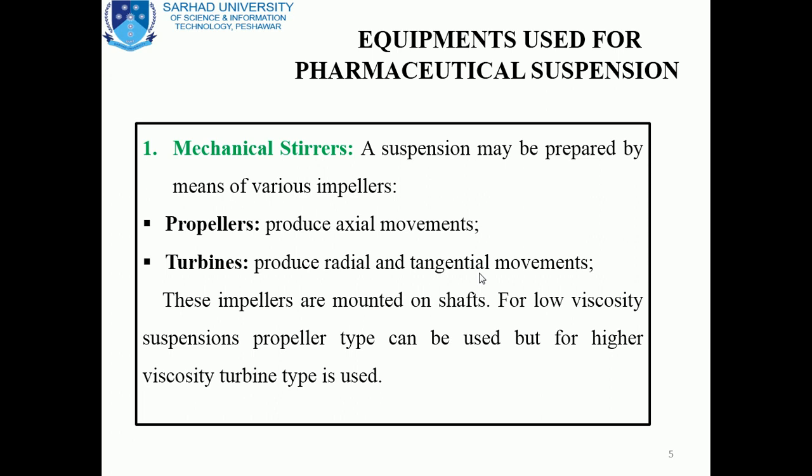Impellers means the mixing devices. As you know, the mixing equipment consists of two main parts. The first one is the container, and the second one is the impeller. Impeller means the mixing device.